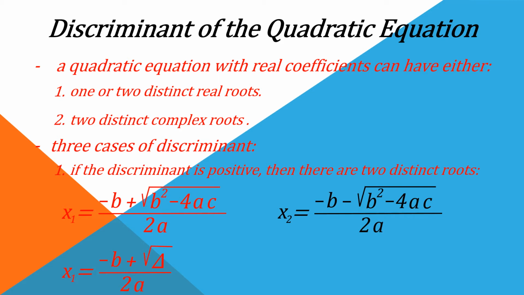Again, the discriminant is delta, so x sub 2 is equal to negative b minus the square root of delta over 2a.